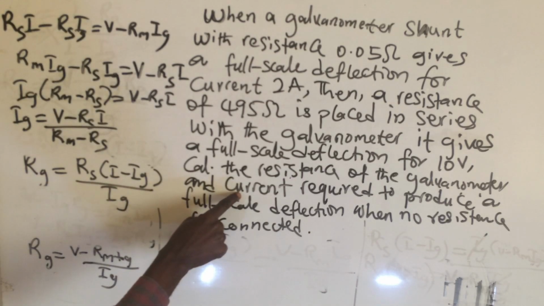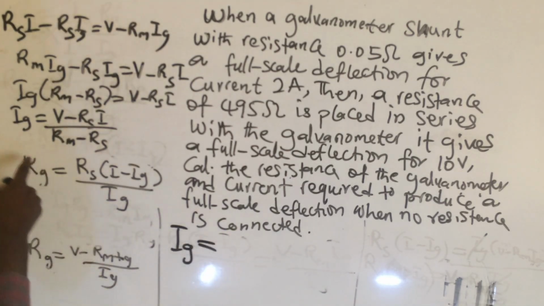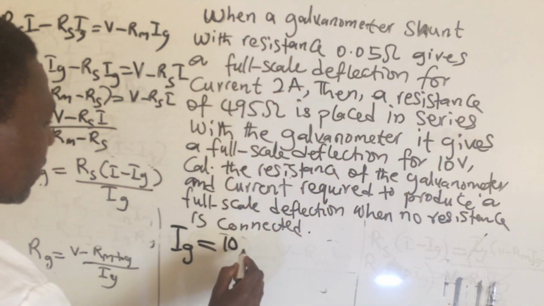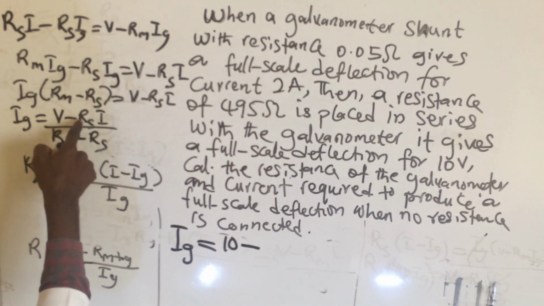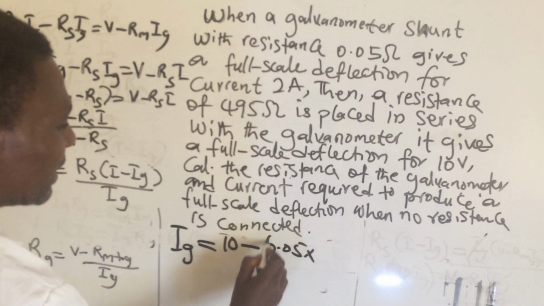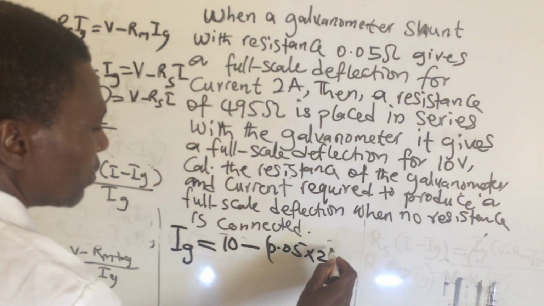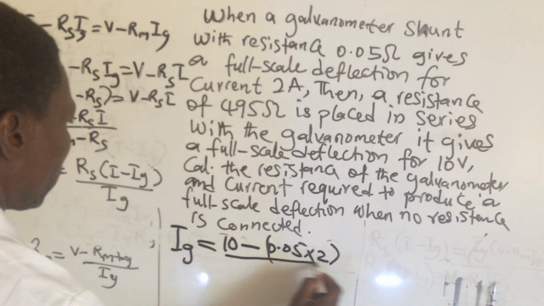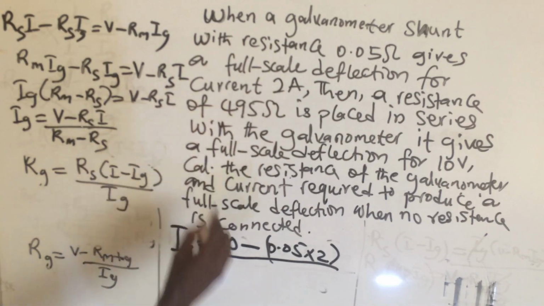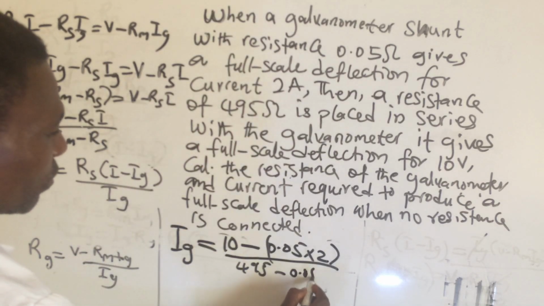We are now calculating for the current first, the current of the galvanometer, which is Ig equals V. V is given to be 10, and the 10 minus Rs, which is given, that is the shunt resistance, 0.05 times the main current, which is 2, all over Rm, which is 495, minus Rs, which is 0.05.